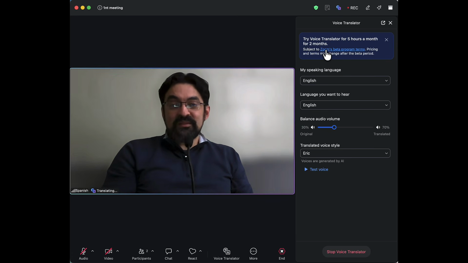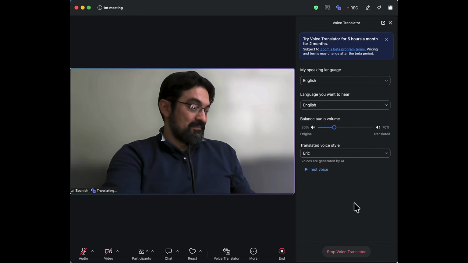Entré a mi cuenta y estaba hurgando entre los iconos, buscando el icono que hemos estado usando para interpretación y descubrí este nuevo icono que decía algo como traducción de voz por IA o algo así. Y específicamente llevaba la etiqueta beta. ¿Qué tal les parece? ¿Qué opinan de la actuación de esta voz virtual? What do you think? What do you think about the performance of this virtual voice?